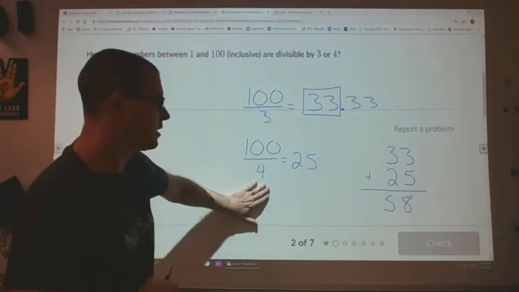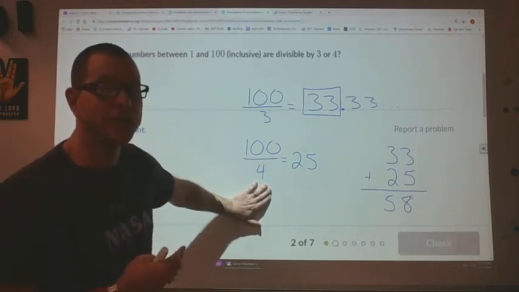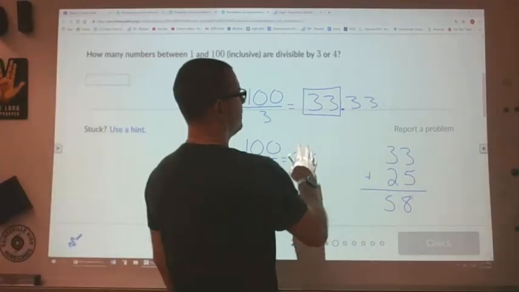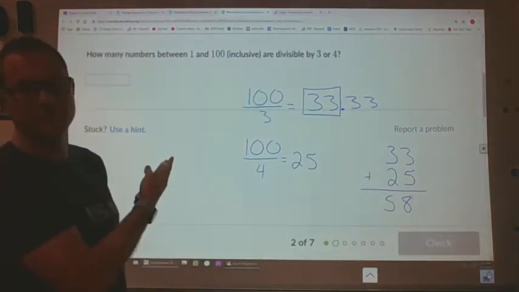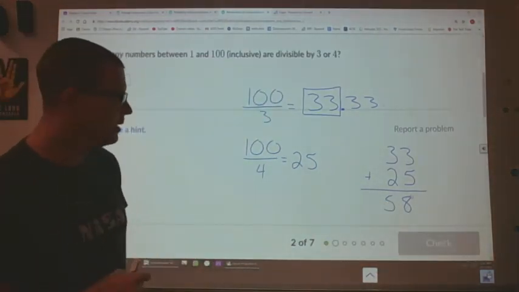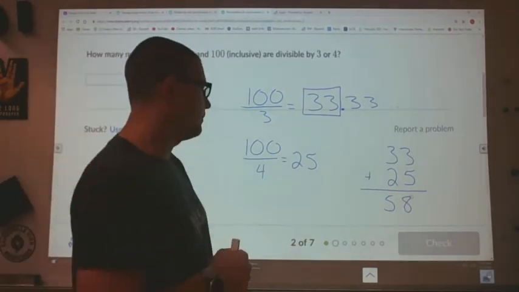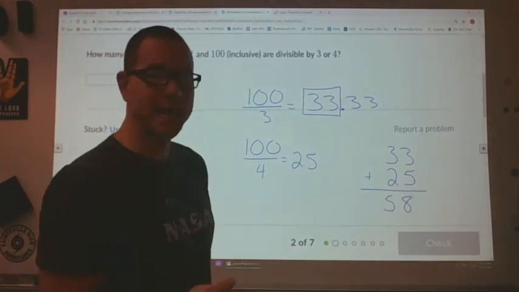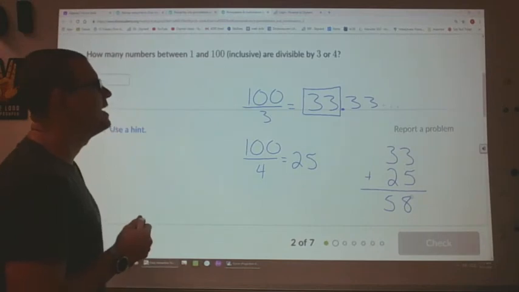Although these are complex problems, and I'll be the first to admit I'm not great at statistical thinking. I know how the math works, but the first time I ran through these problems, I forgot about the overcounting. So it's 58, and I got it wrong because I forgot about numbers like 12 and 24 and 48, numbers that are divisible by 3 and 4.